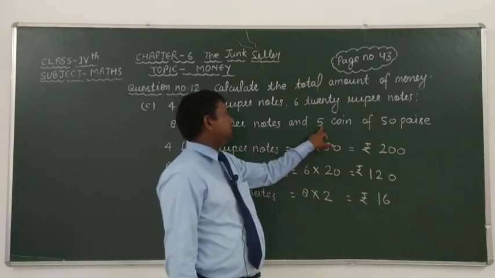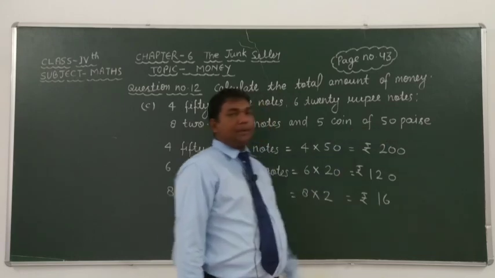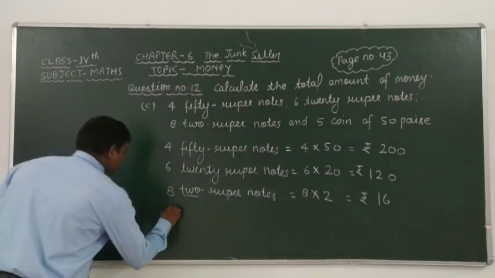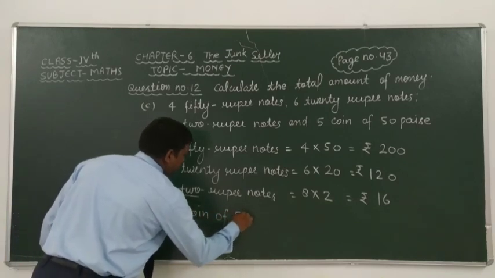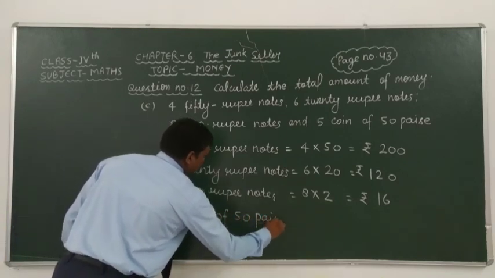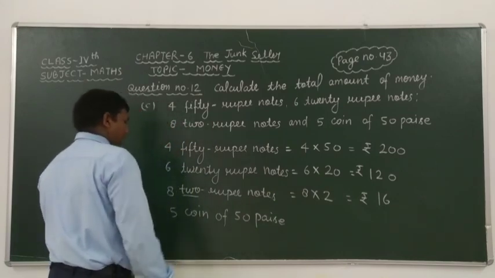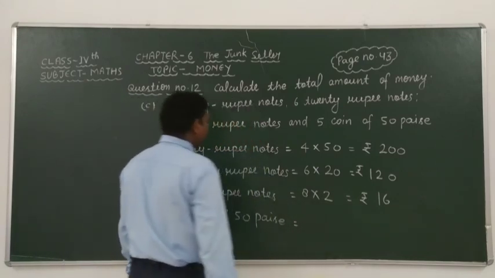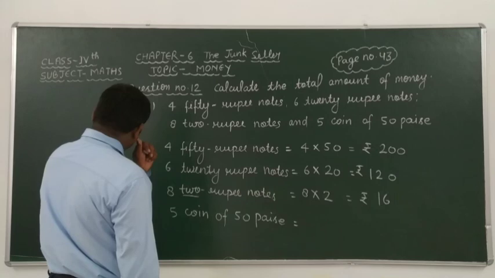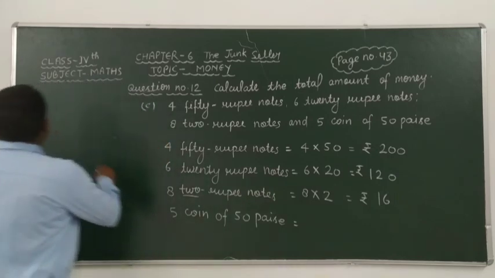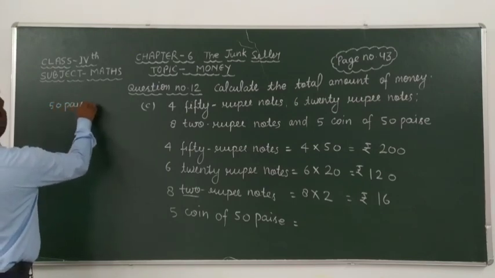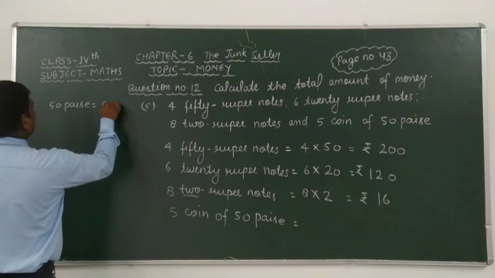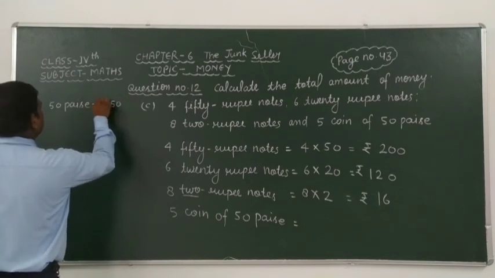And it is given 5 coins of 50 paise. Students, it is given 5 coins of 50 paise. Okay, students, we know that 50 paise is equal to 0.50 rupees.